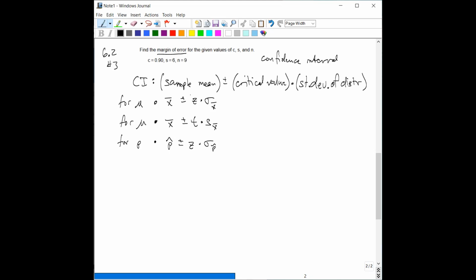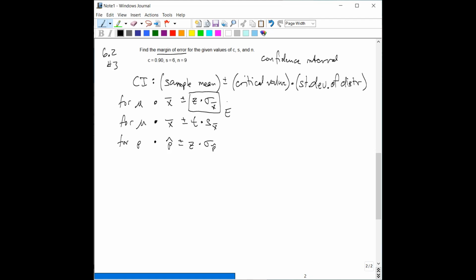Just looking at the first formula, that is your margin of error, and the notation we use for that is E. Next, we need to figure out which formula we're actually using.